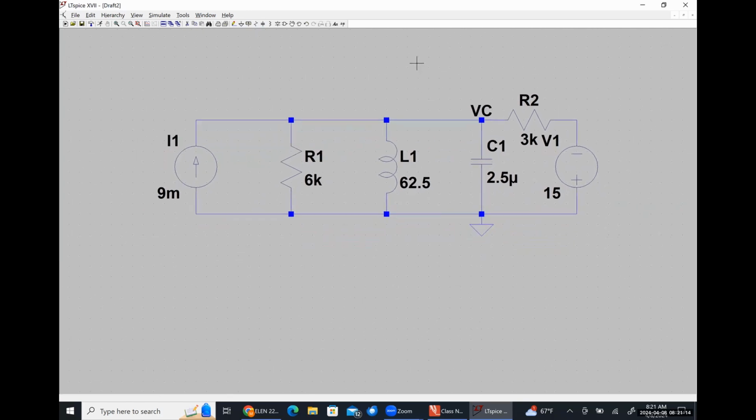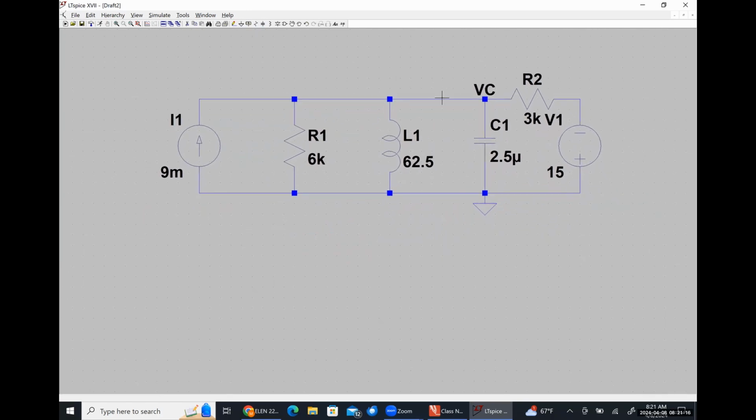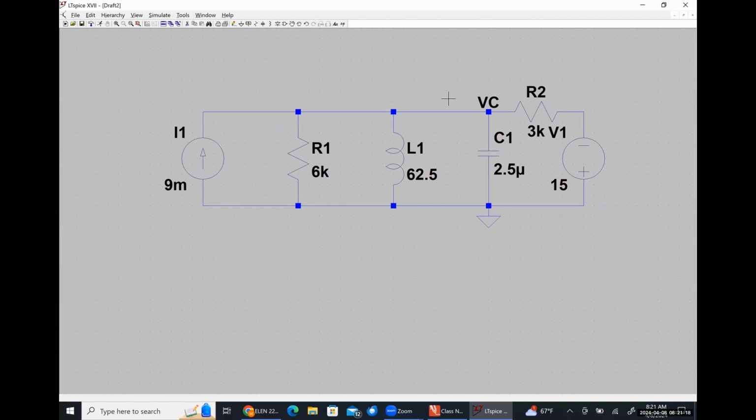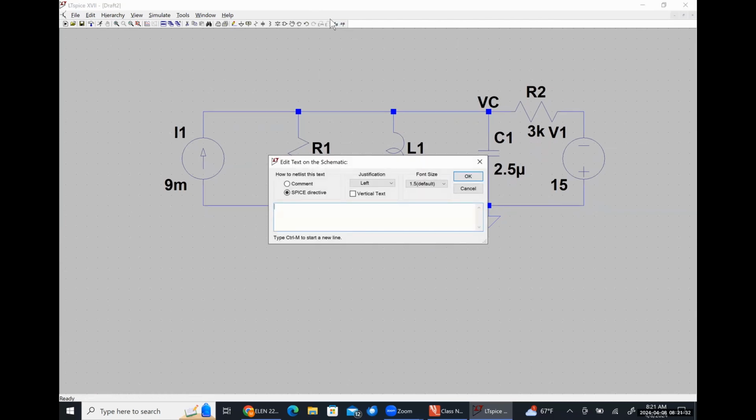Okay. So the reason why I'm doing that is because I have to put initial conditions on the current flowing through the capacitor and the current flowing through the inductor and the voltage drop across the capacitor, and that's going to make that easy. So in order to do that, I'm going to use this spice directive command, and I'm going to type in .ic.